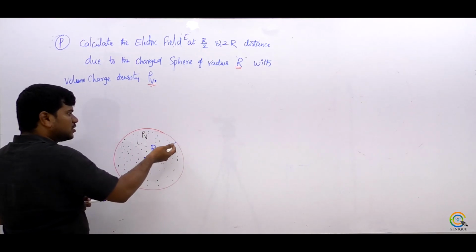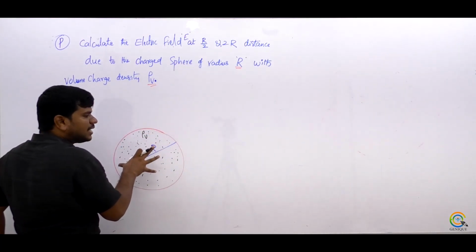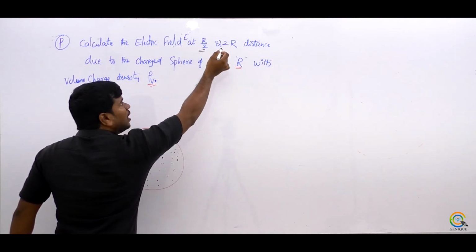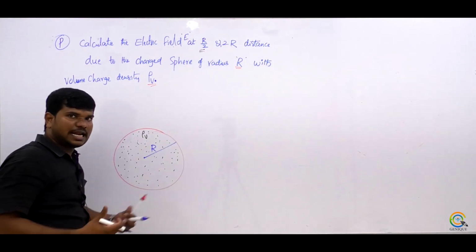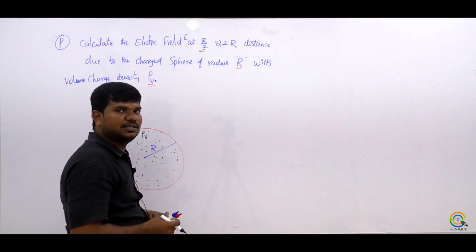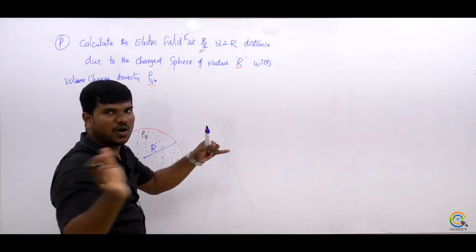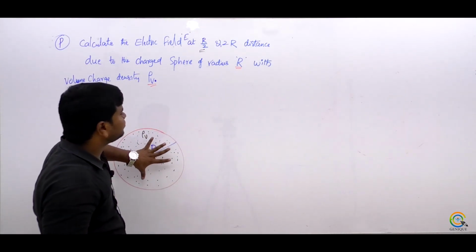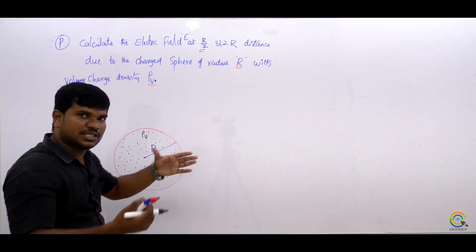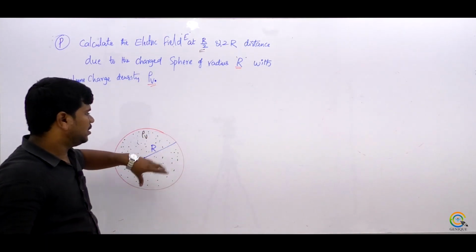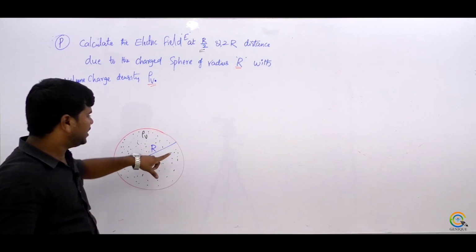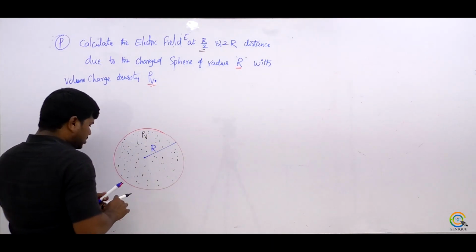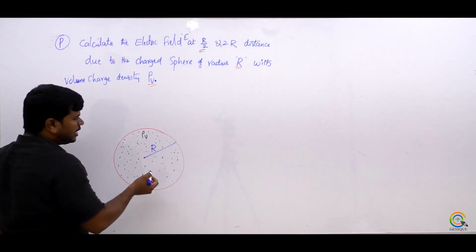So not only at R by 2, we will derive a generalized formula, and that generalized formula is applicable for all the problems where we have to calculate the electric field intensity inside the sphere.